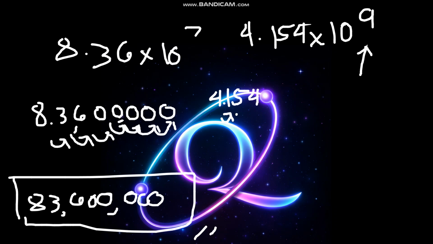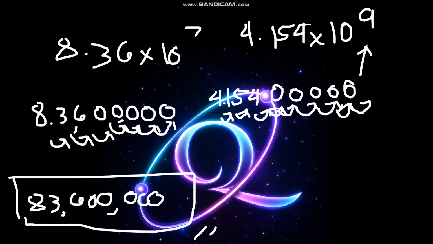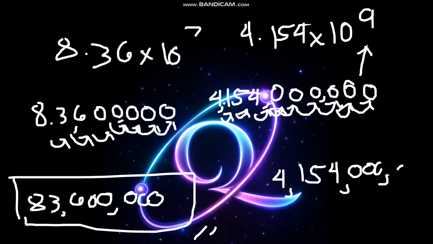So we get 1, 2, 3. We're not going to add 0 yet. 4, we're going to add 0. 5, 6, 7, 8, and 9. Finally we got it. We have thousands here, here. So this is basically billion. 4 billion, like this. We have 3 zeros here. So this is basically the answer for this scientific notation.